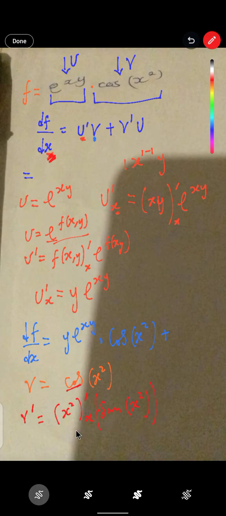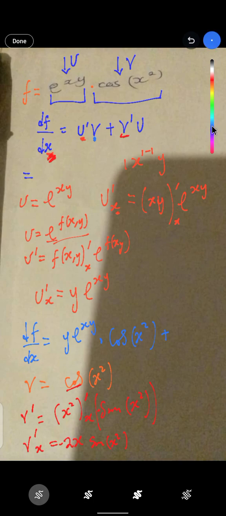So v prime with respect to x will be equal to, when you differentiate x squared with respect to x, 2x, times the negative in front, then sine x squared. So this is what we're going to put here on v prime.